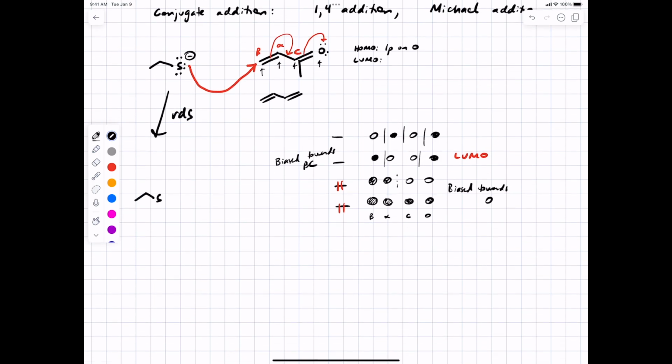Here is the new bond between thiol and the beta carbon of my alpha-beta unsaturated pi system. Here is the enolate product that I make as a result of this attack.